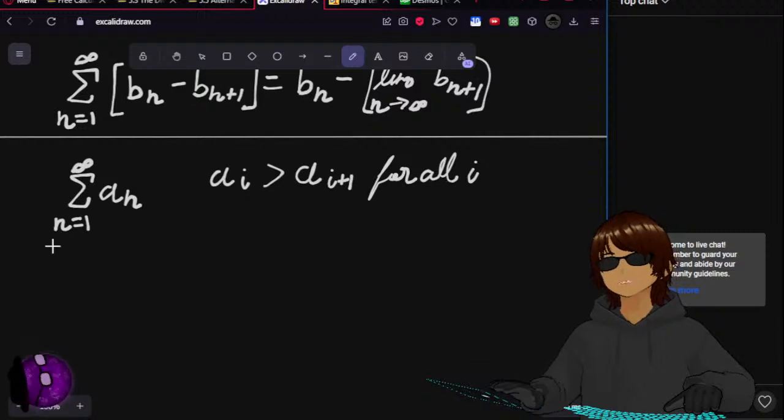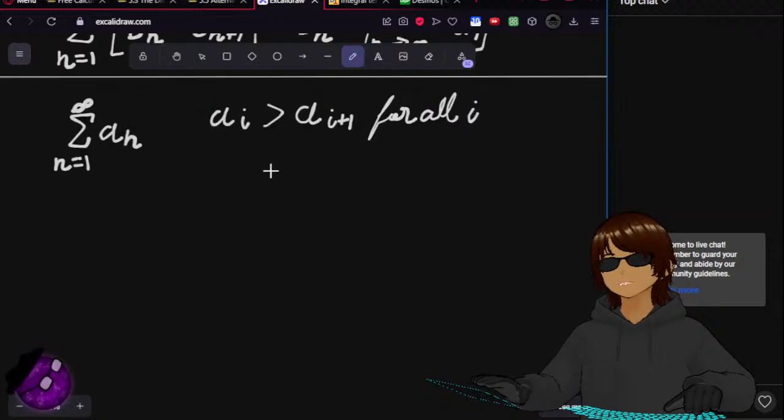So basically, in the entire series, the next term will be smaller than the previous term.